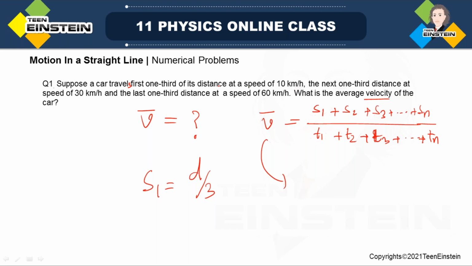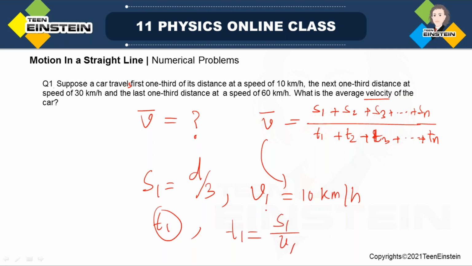The time is not given, but the speed is given. So v1 is 10 kilometer per hour. But what we needed was the corresponding t1. Can you find t1 from the given information? The answer is yes. t1 can be found as s1 by v1.